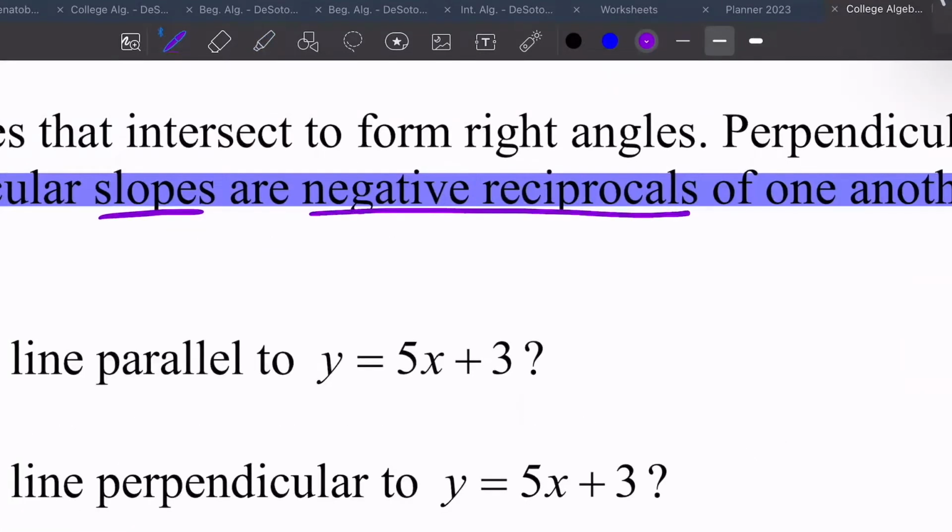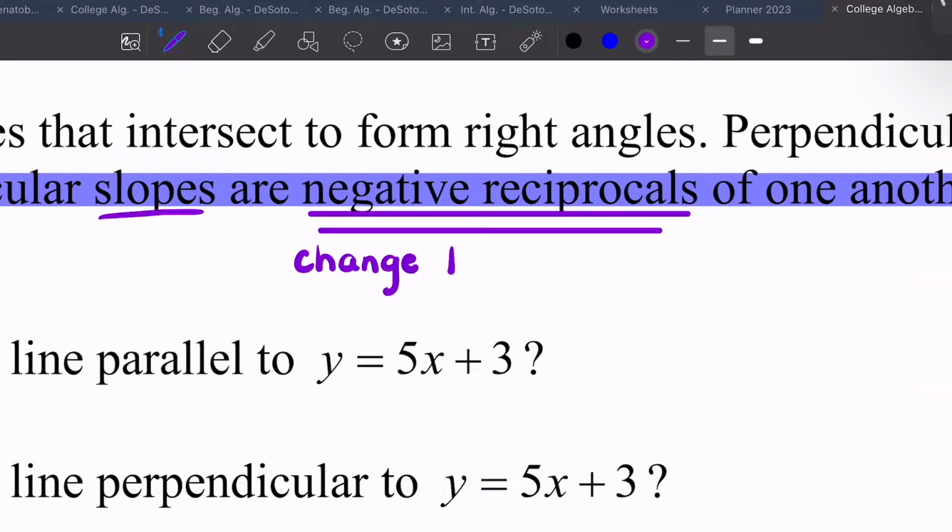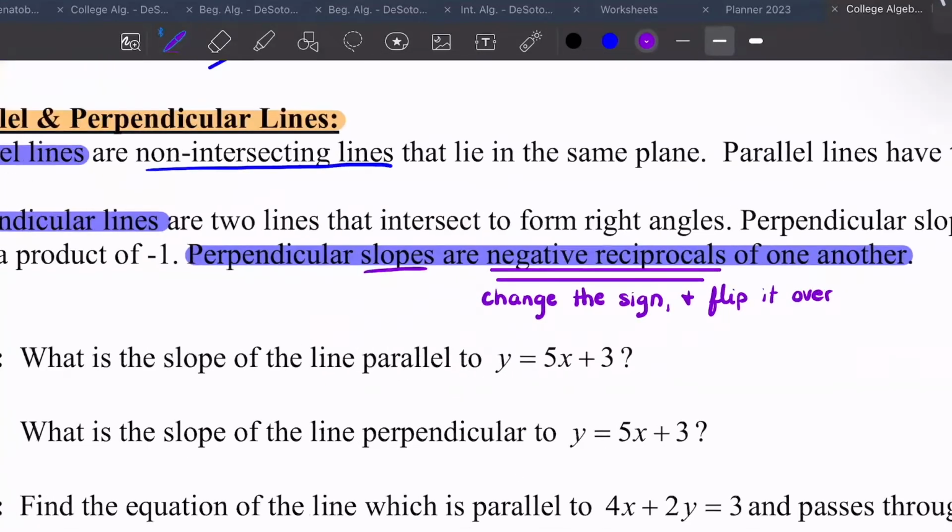That means that you will change the sign. That's the negative part. And flip it over. That's the reciprocal part. So change and flip.